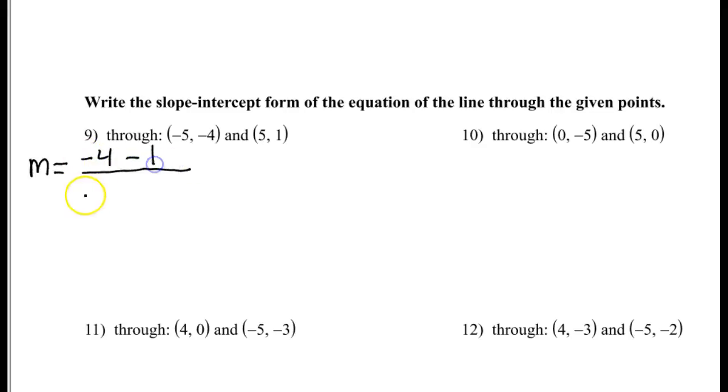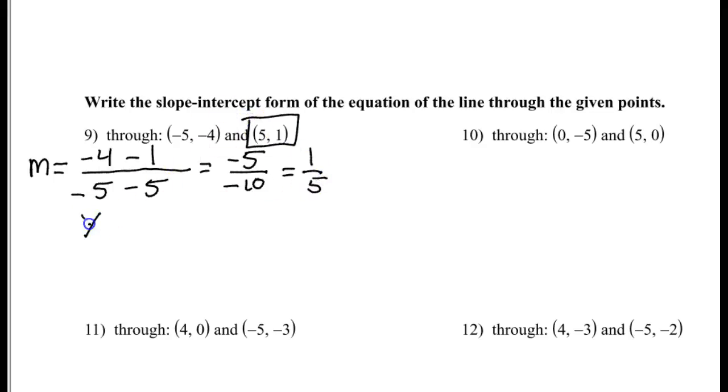Negative 4 minus 1, negative 5 minus 5. Negative 5 over negative 10. So it is 1 over 5. I'll pick either point. Plug it in.